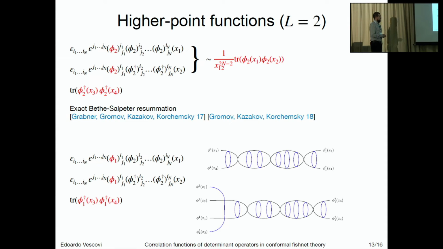There are cases that are less trivial and bring more complication into the game, like adding phi 1 and phi 1 instead. So you can certainly have a class of diagrams where the pair of determinants will contribute this length 2 effective state. And this will go all the way down to get contracted with this phi 1 dagger, if we insert this as a third state. And this is precisely the same class of diagrams that also enter here.